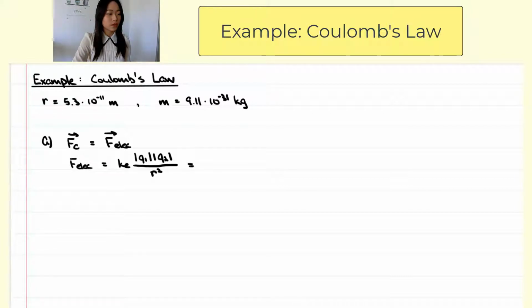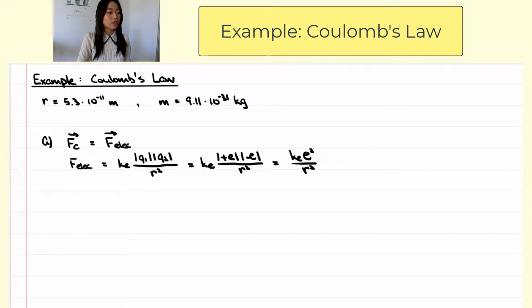So this equals Coulomb's constant times the magnitude of the proton, which is positive e, and the charge of the electron, which is negative e, then divided by r squared. So this equals Coulomb's constant times e squared divided by r squared.